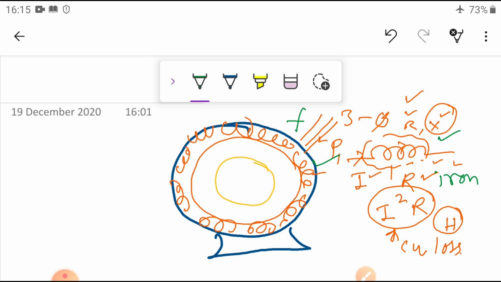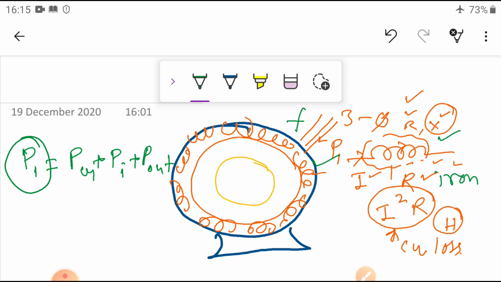So whatever power input P1 is given goes to the copper losses of the stator, plus the iron losses of the stator, plus the stator output. What is the power input given?